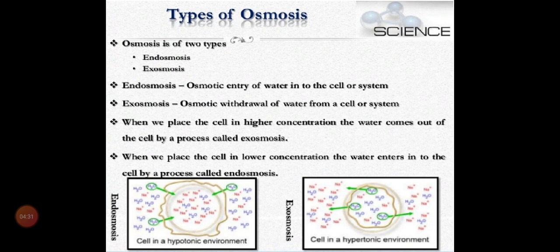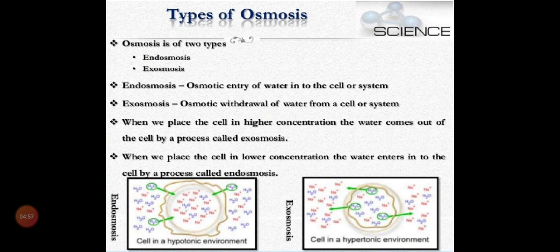Osmosis is a process which happens between cells. Because of this osmosis, a movement of a material or a liquid from one cell to another cell takes place. So we want to see it in detail. We'll tell this is the role of the semi-permeable membrane or plasma membrane.